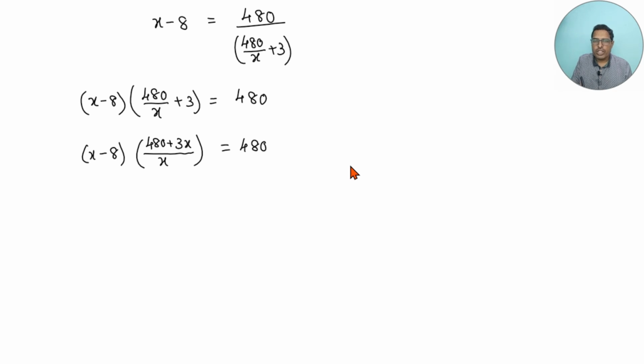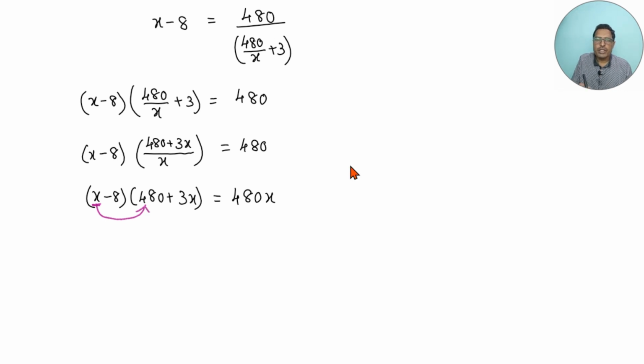Let us cross multiply this x on the other side, keeping this x minus 8 as it is, 480 plus 3x as it is. This x comes on the right hand side, it becomes 480 times x, right? Now let us open the bracket.